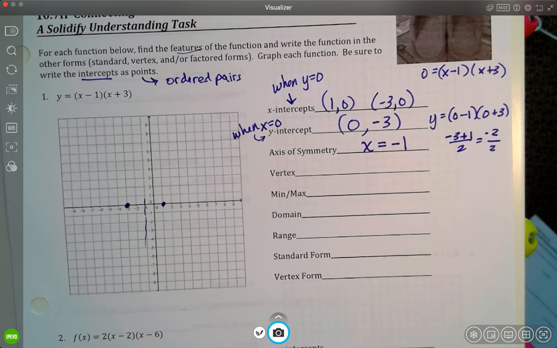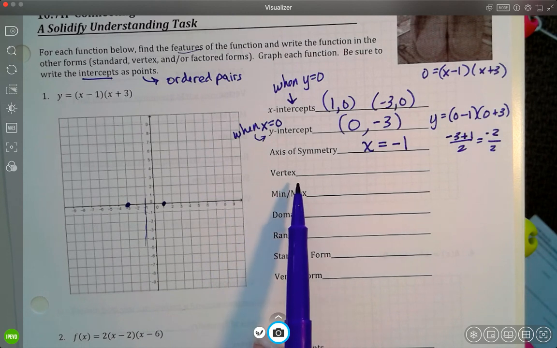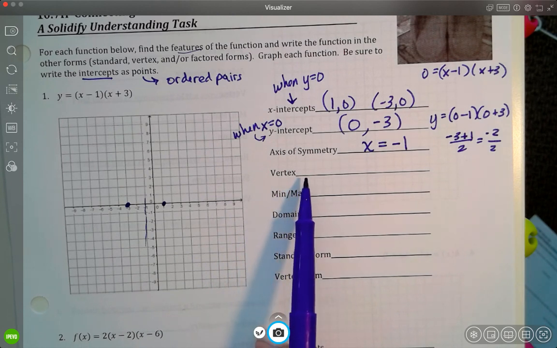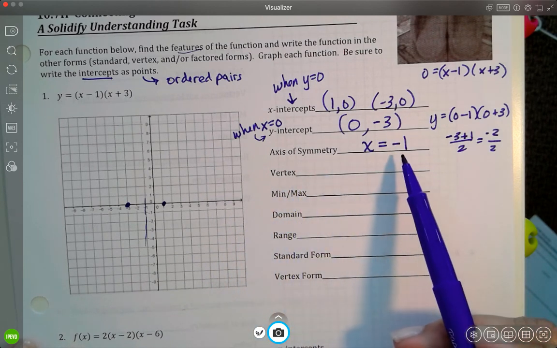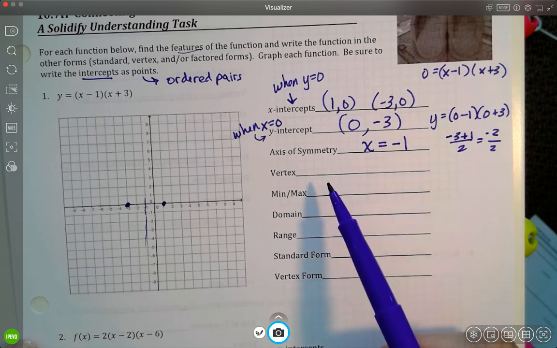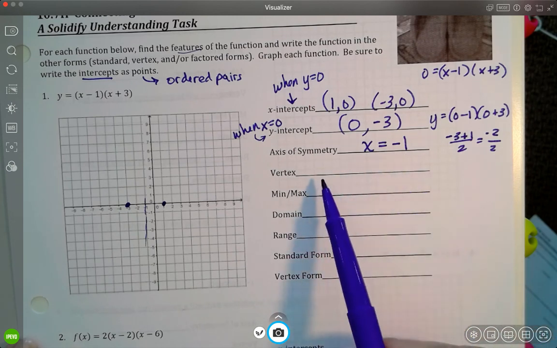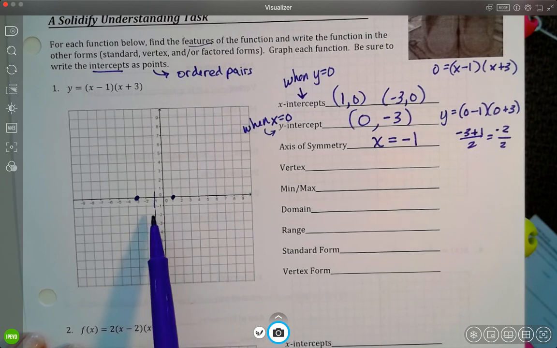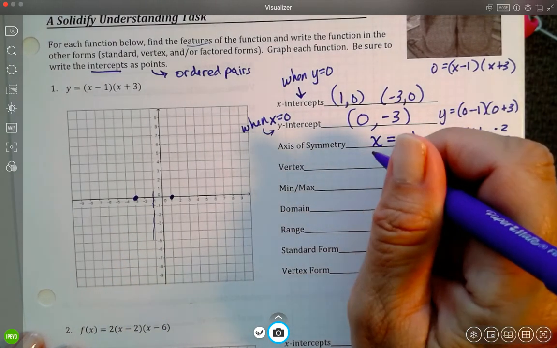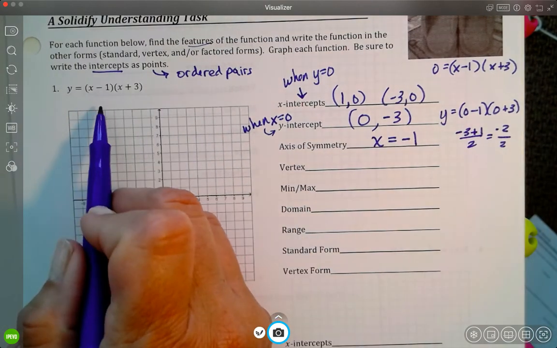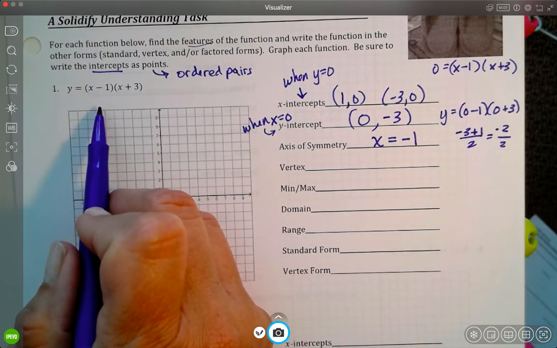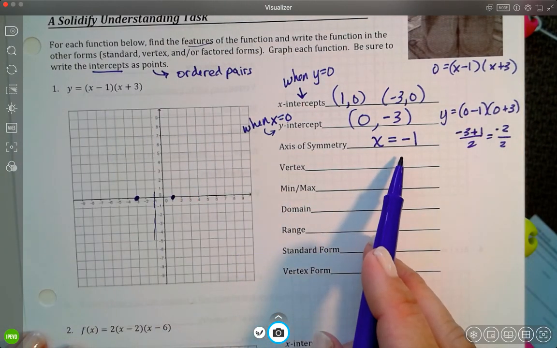Now it's asking me for my vertex. I can plug x equals -1 into the equation and find the y value for my vertex, because I know my vertex is on the axis of symmetry. So I'm going to use my equation and plug in -1 for x.